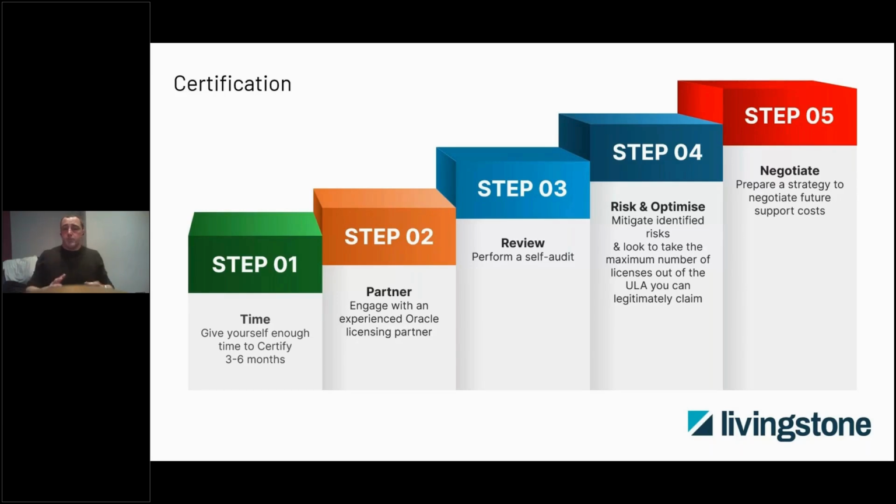So the first step, and probably the most important step, is around giving yourself sufficient time. Many customers get to that point in the contract. You have 30 days to notify Oracle before the end of the contract what your intention is to do. Many customers get to that time, and 30 days, 60 days even, is not enough time to be able to make the required changes in the environment to be able to certify out.